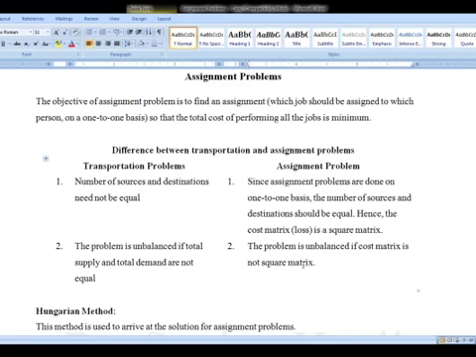It should be a square matrix, then only it is called balanced, otherwise it is unbalanced. If it is unbalanced, just like in a transportation problem, you will take a dummy row or a dummy column to make it balanced.